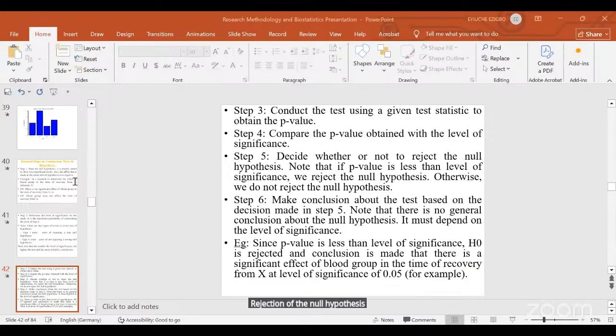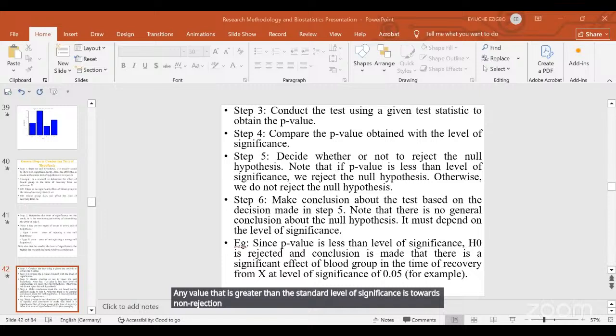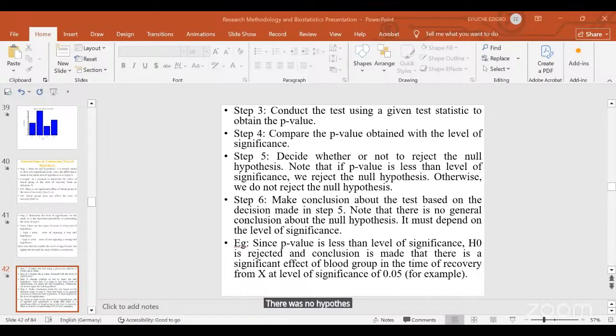While any p-value that is greater than the stated level of significance leads to non-rejection of the null hypothesis. Is that clear? I hope it's clear. I will say it in a different way.